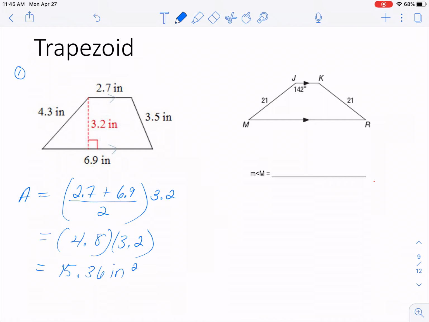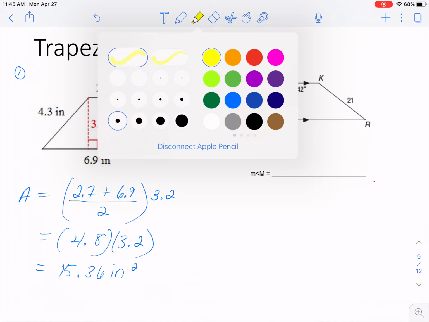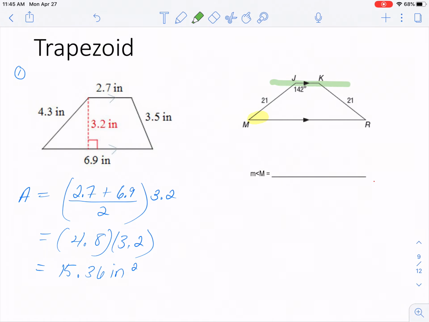Now, on these problems, I may also ask you for angle measurements. So we're going to be using, again, that previous knowledge that we have. We have parallel lines cut by a transversal. So that means the 142, this angle, and angle M should add up to what?